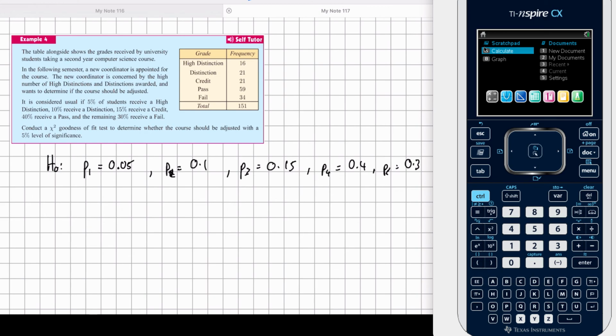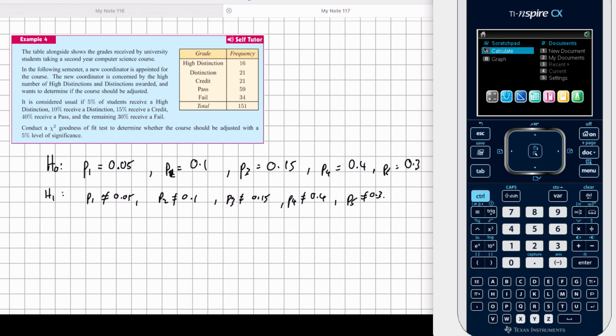So we're stating that H0 is that the data fits the distribution that's being suggested. H1 is therefore that P1 does not equal 0.05, that P2 does not equal 0.1, that P3 does not equal 0.15, that P4 does not equal 0.4, and P5 does not equal 0.3.